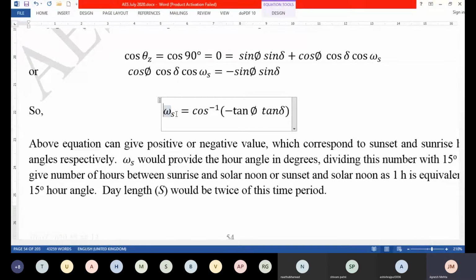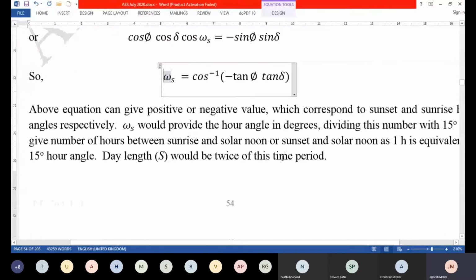So if omega s is available, you can find the local apparent time, right? And if you get this angle in degrees, you divide it by 15 degrees, and it will give the answer in hours.